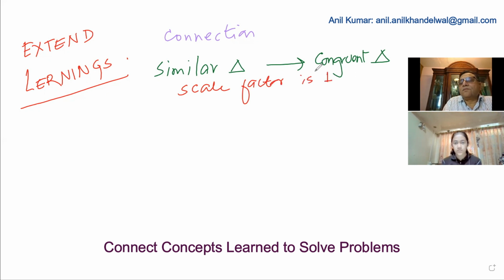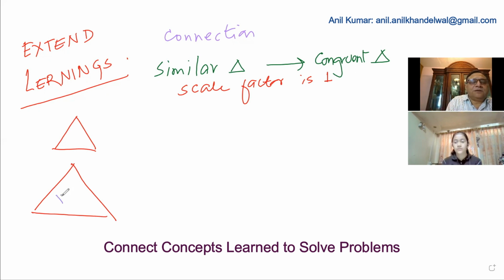What is the meaning of scale factor? When you enlarge an image, say this one is 3 times, the scale factor is 3. Each side is 1, 1, 1, and now it becomes 3, 3, 3. So the scale factor is 3.